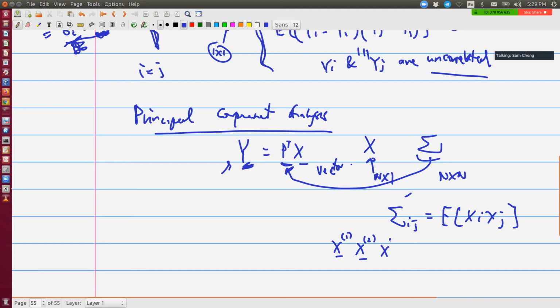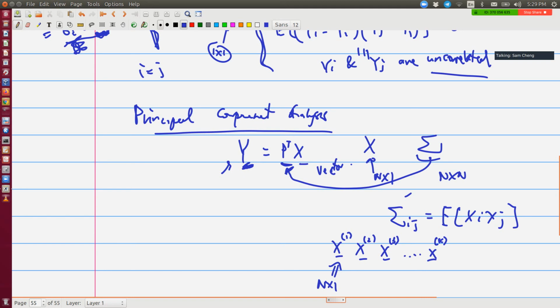Maybe the number of samples is k. If we use just a real number, only 4, 1, 2, 3, 4 for x, then how to create the sigma? 1, 2, 3, 4 is not sufficient because each of them is a vector, right? You sample each time, and this is a vector. Each of these is an n by 1 vector, right? Okay.